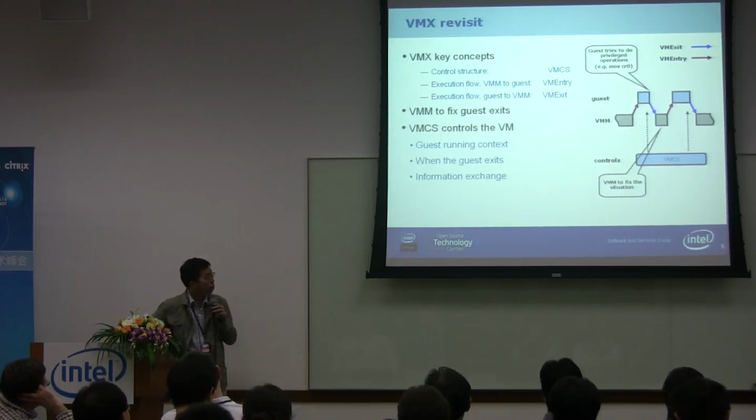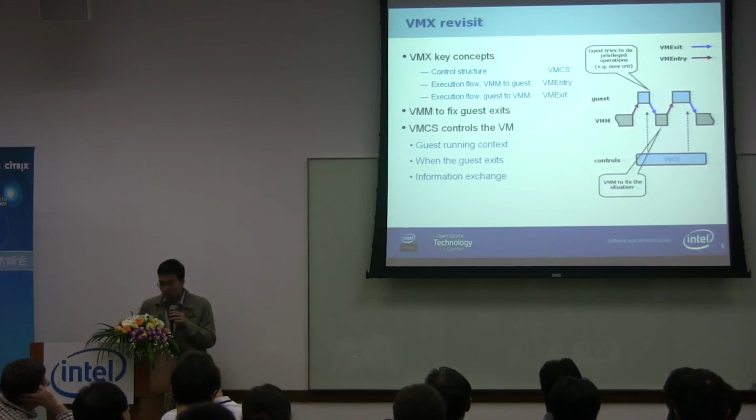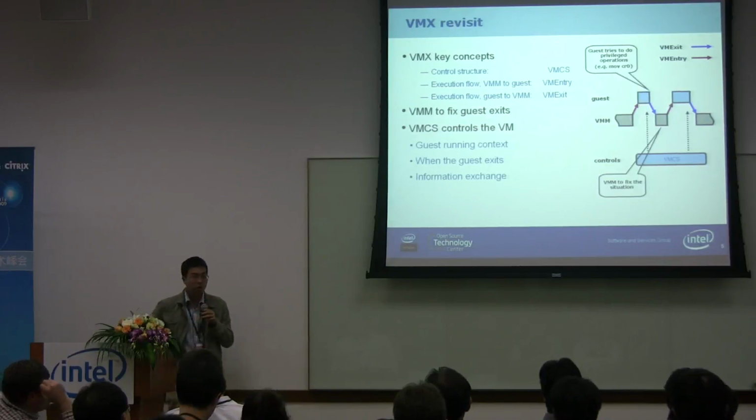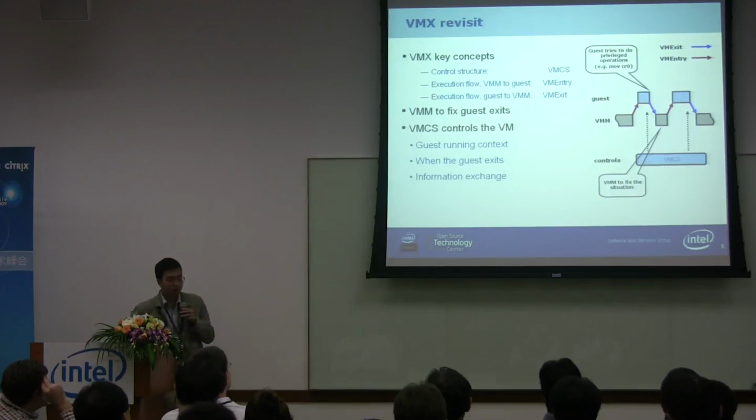When these kinds of operations happen, there is a VM exit to the VMM, and the VMM can fix the situation by either performing the operation for the guest or injecting some exceptions, and then going back to the guest by VM entry.